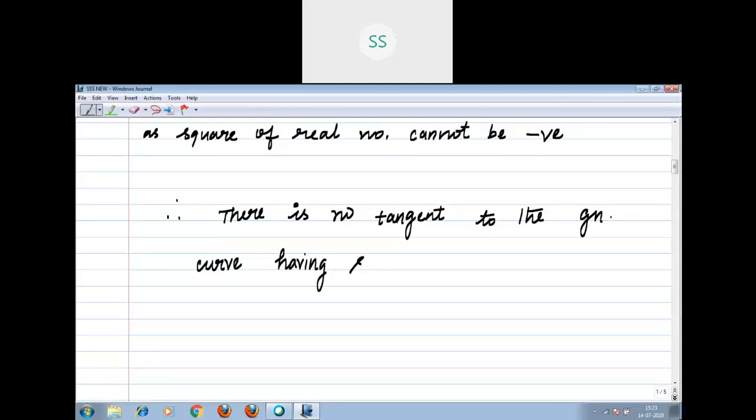You arrive at the result as negative on the right side, and the left hand side has a square. You cannot take a square root. So you conclude that there is no tangent to the given curve having slope 2. Now I am going to move to the next question.